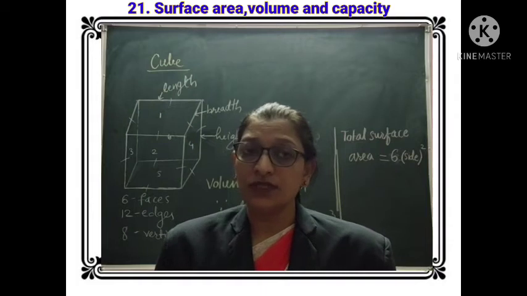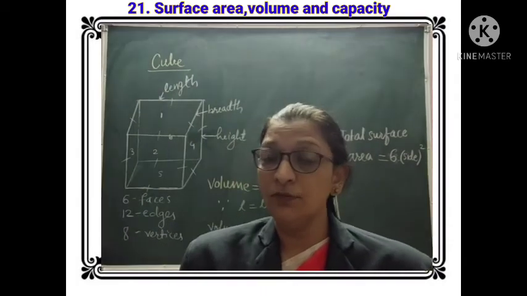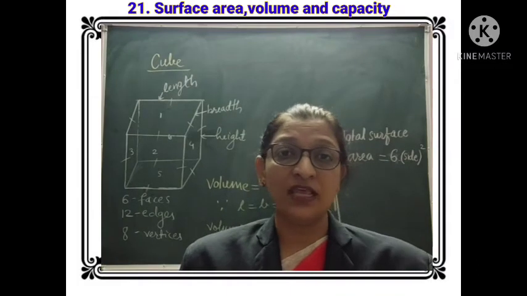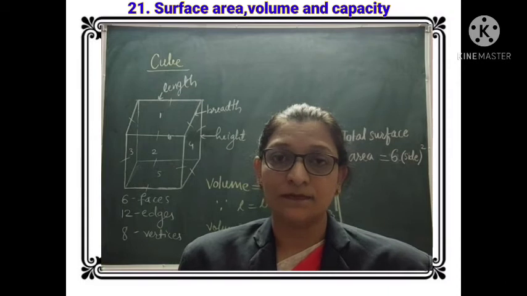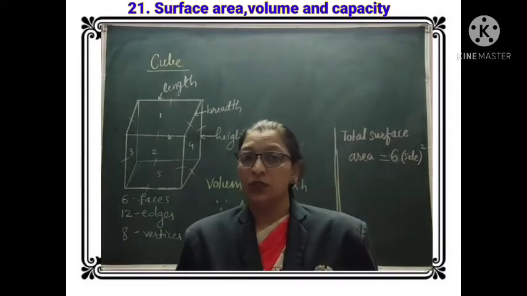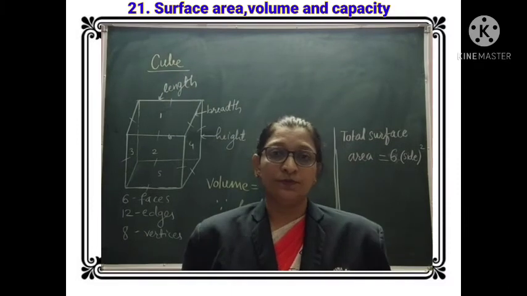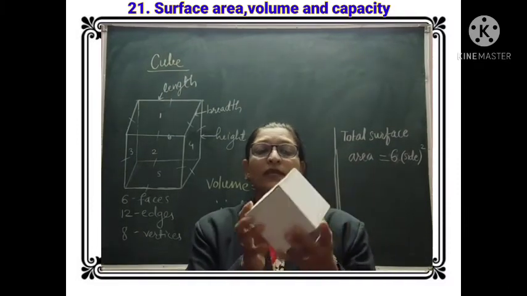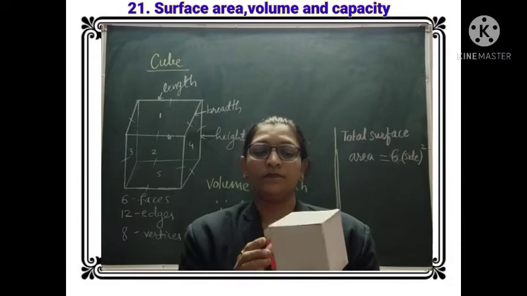Here we are going to discuss volume as well as total surface area of three solids, that are cube, cuboid and cylinder. Cube is a solid with all the sides equal.